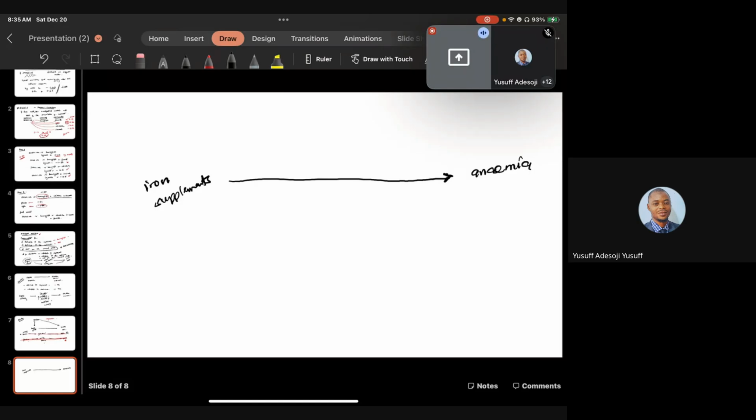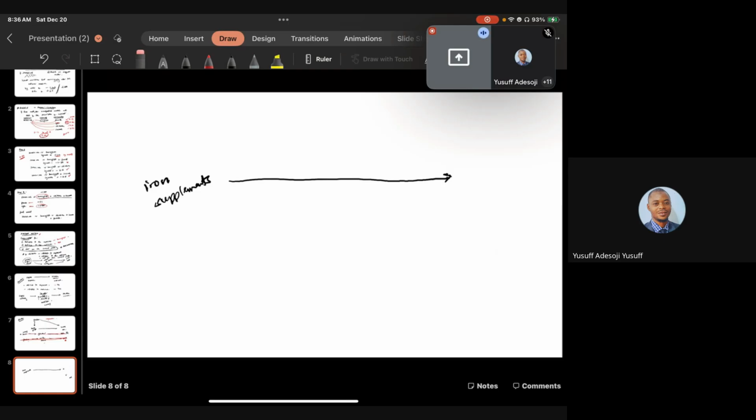And we know that the woman's risk of anemia is related to survival. Women who are not anemic survive better in pregnancy. They're less likely to die.